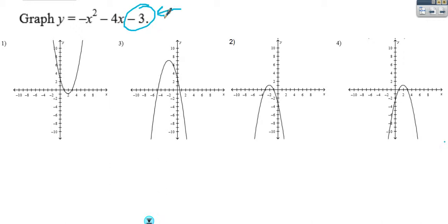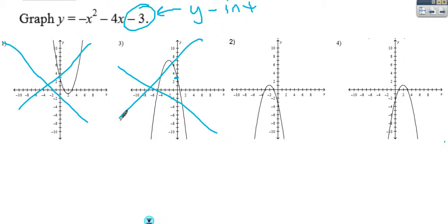So I'm going to look at which of these graphs goes through y equals negative 3. This one goes through positive 3, so that's not it. This one goes through positive 3 again, so that can't be the right graph. This one goes through negative 3, so that's a possibility. And this one goes through negative 3, so that is also a possibility.